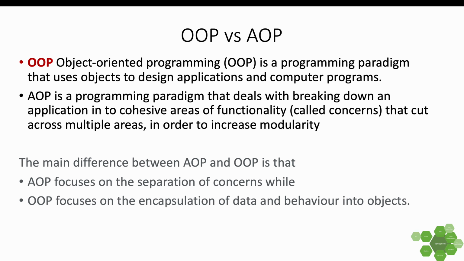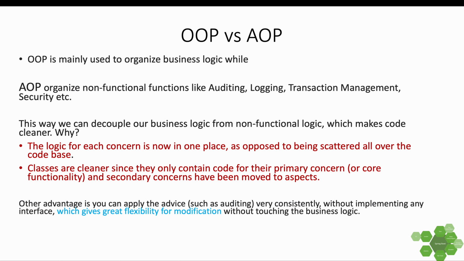That's the only difference that we have between these two. So OOP is mainly used to organize business logic, while AOP, as we mentioned, organizes non-functional features and puts them in their own place to avoid tangling them or mixing them with your concern.